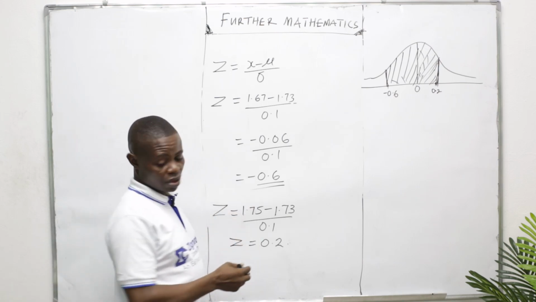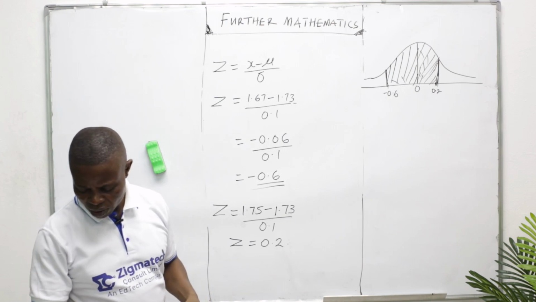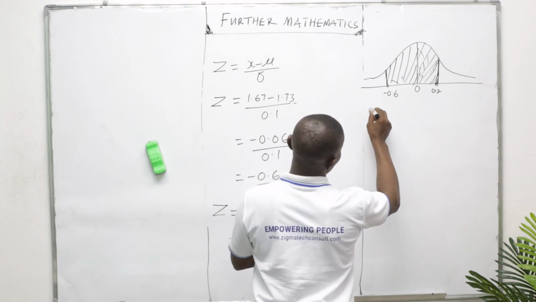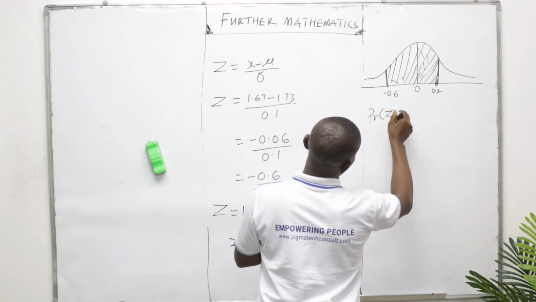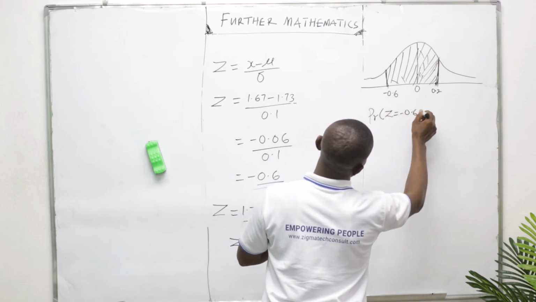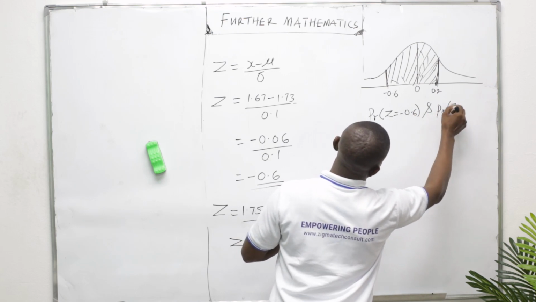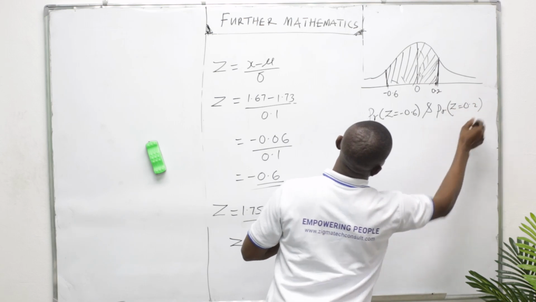Now let's check the value of minus 0.6. P(Z) equals minus 0.6, and the second one P(Z) 0.2.